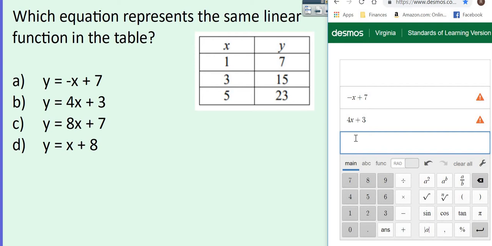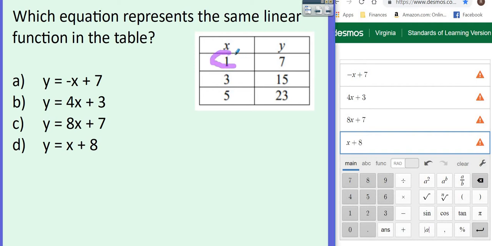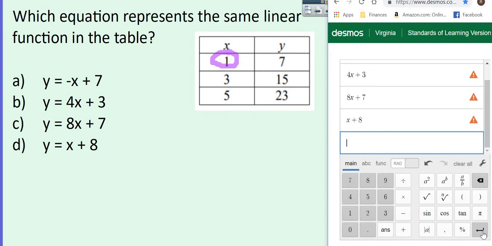My next one is 8x plus 7. My next one is x plus 8. Now I've got everything in there. The next thing I'm going to do is go down a line and put in x equals 1, and see which of these equations gives me 7.